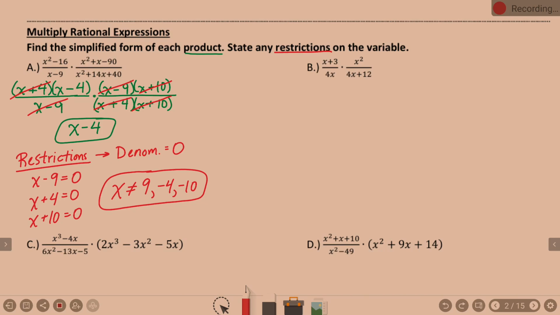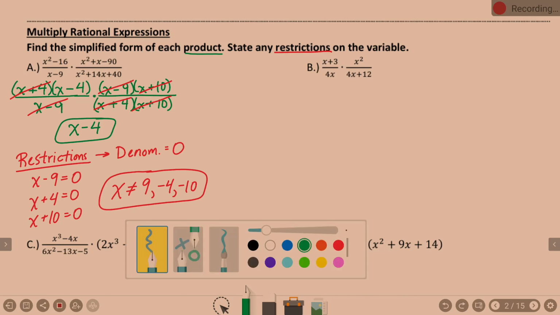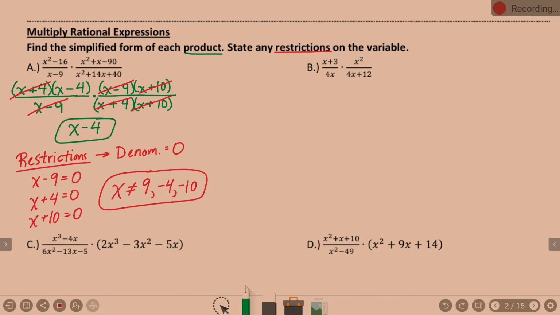X plus 3 over 4x times x squared over 4x plus 12. Okay, x plus 3. Thoughts on factoring x plus 3?